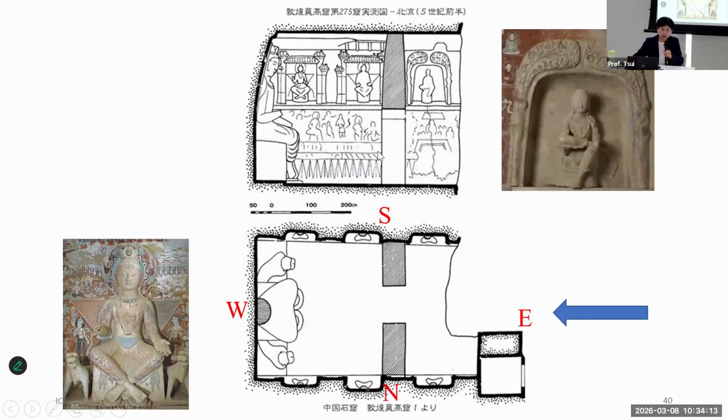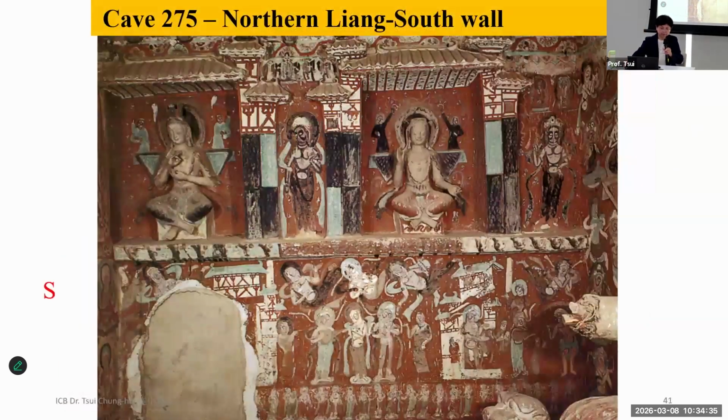So this is a moment of the Bodhisattva practicing contemplation with a pensive seated posture. He is seated under the twin tree, and the image was created on the north wall inside cave 265.